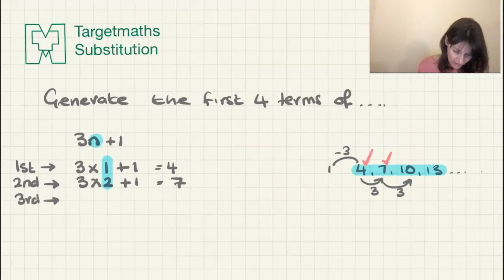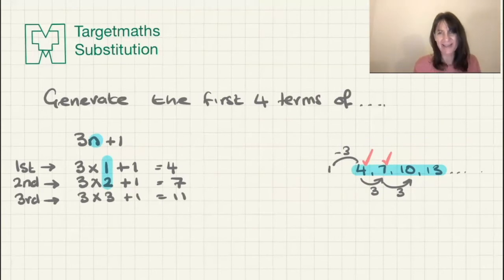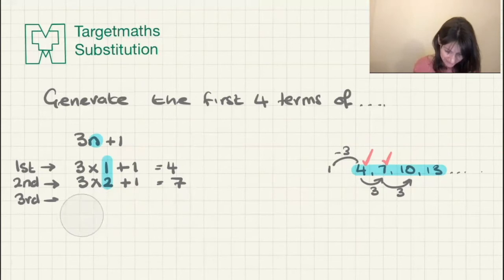So the third number is going in. 3 times 3 is 9, plus 1 is 10.